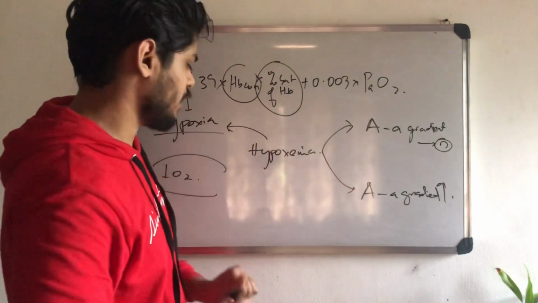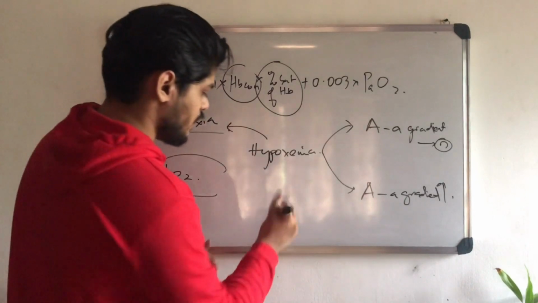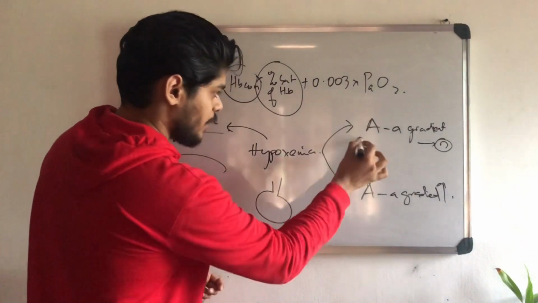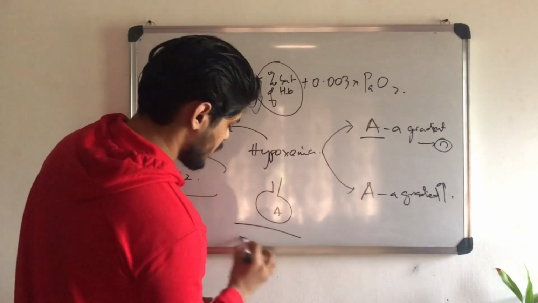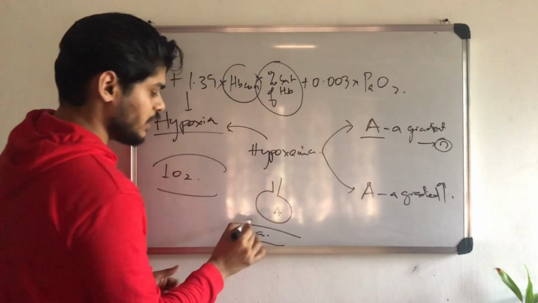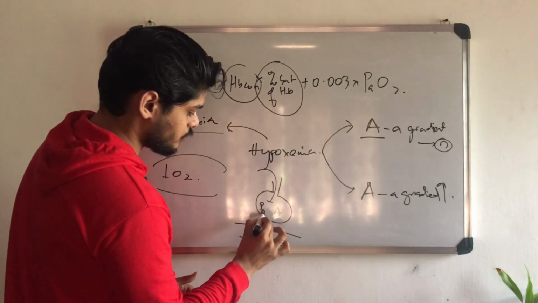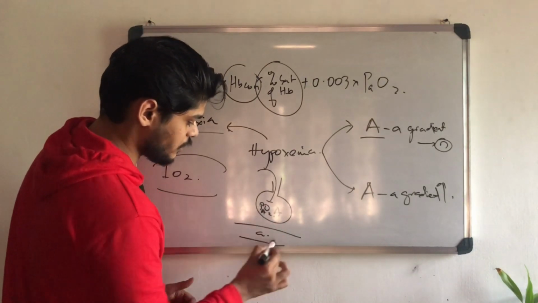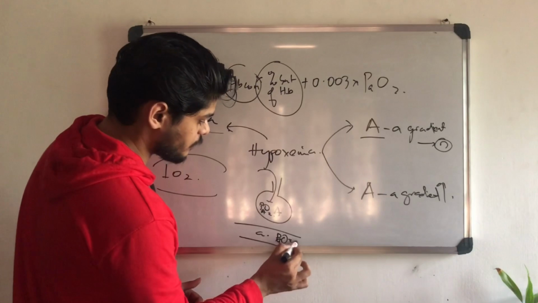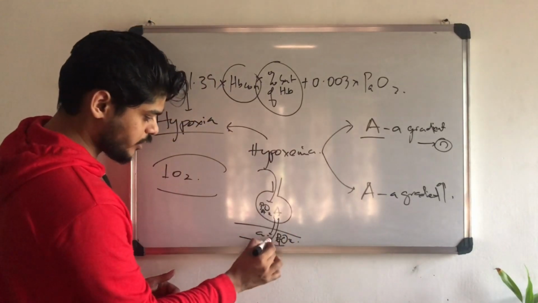What was AA gradient? We have learned this, that there is alveoli, capital A stands for alveoli, small a stands for artery. So here, we take oxygen inside, so there is a partial pressure, known as alveolar partial pressure of oxygen, and when it comes here, it is arterial partial pressure of oxygen. So we know there is diffusion here.